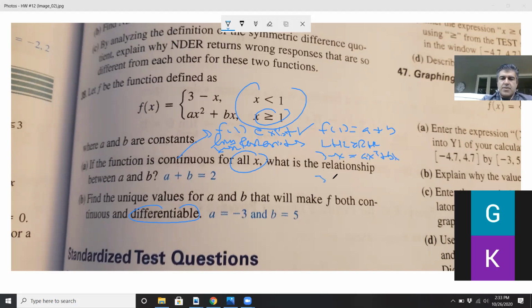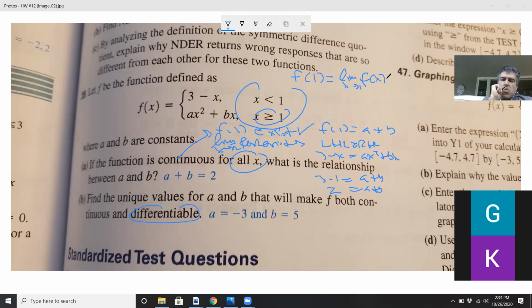Well, if you plug in 1 for x, you get a plus b equals 2. And we know that f of 1 equals a plus b, so that means that f of 1 has to equal 2. Because that's the third condition. F of 1 has to equal the limit as x approaches 1 of f of x.